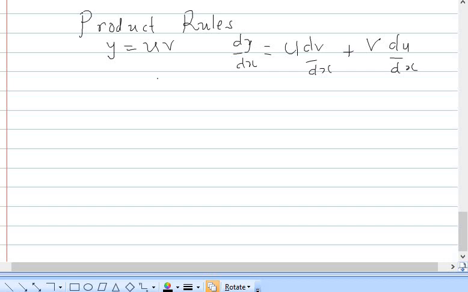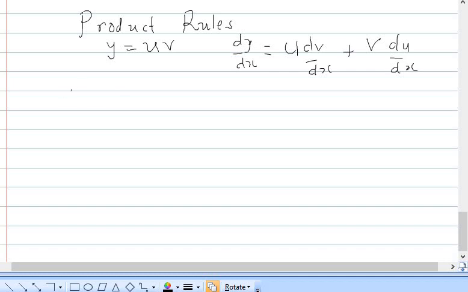So this is the product rule, and the formula of the product rule is this. Let's say if you have y is equal to uv, then to find dy by dx, this is the formula.